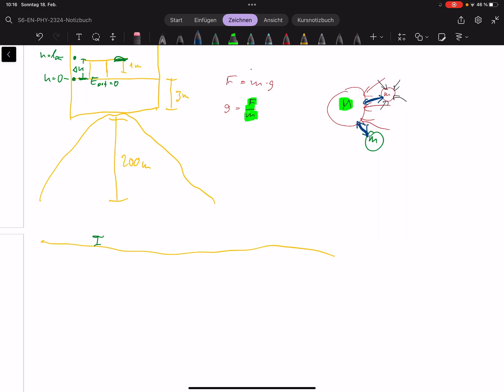It is the same as if we put in here 1 kilogram, because if this has the value 1, then what is left is just this G times 1. So it is kind of force per kilogram.